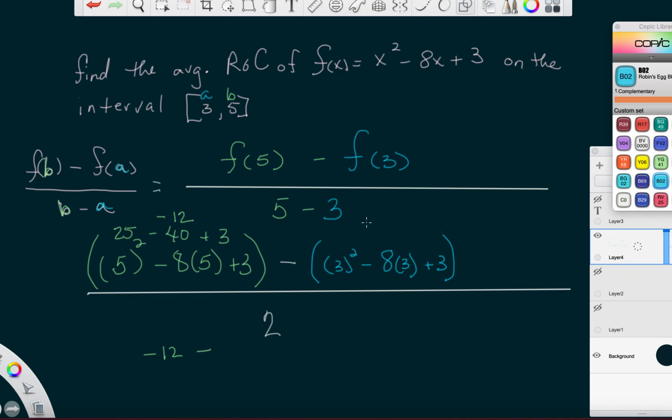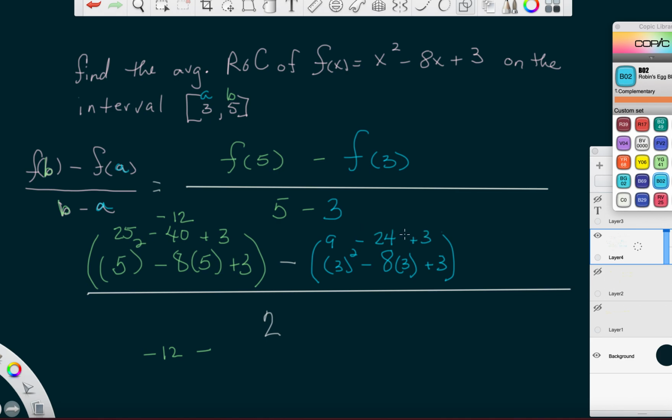I'll start doing this math. 3 squared is 9, minus 8 times 3 is 24, plus 3. Oof, I almost made a mistake. 9 minus 24 is negative 15.